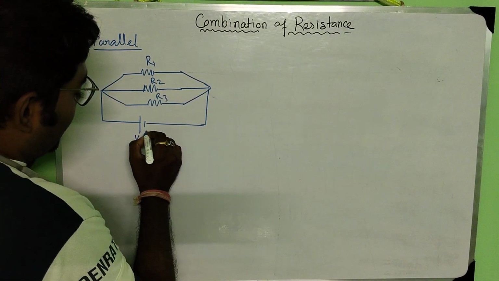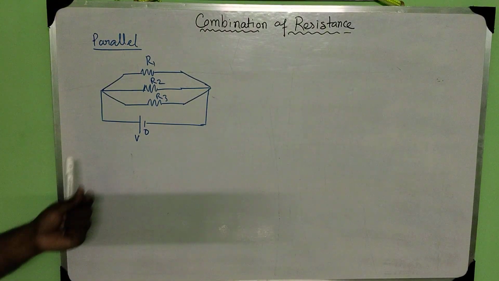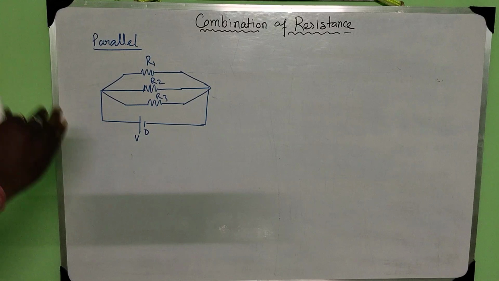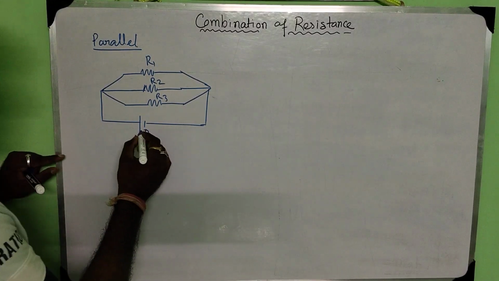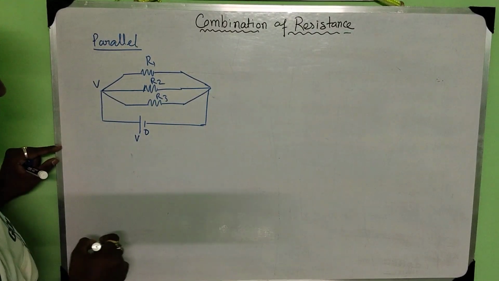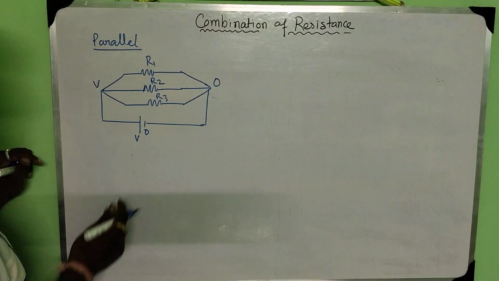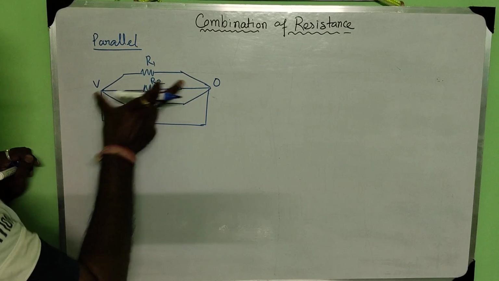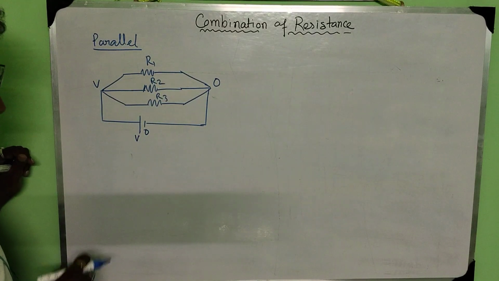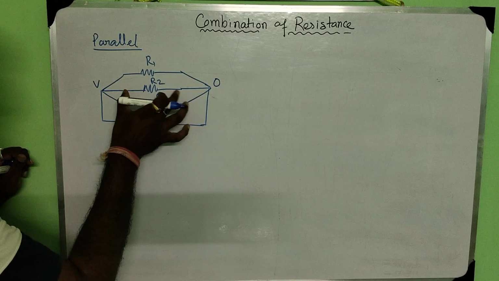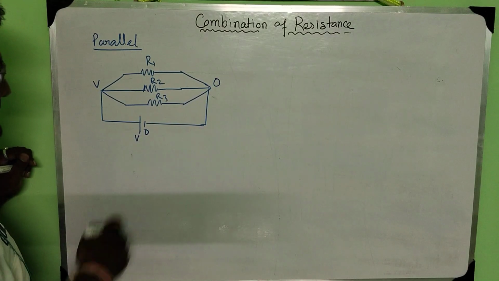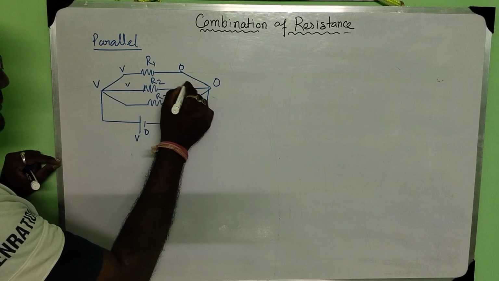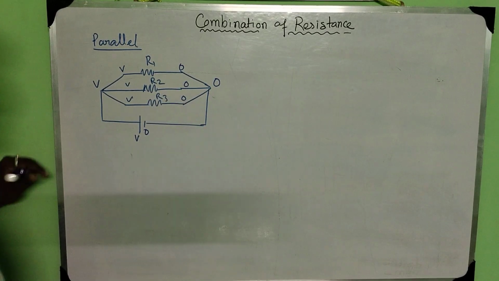If the potential is V and 0, that means the positive plate has potential V and the negative plate is 0. Now we will see that each resistance is connected across the same potential difference. This one will also be V and 0, this one also V and 0, and this one also V and 0.